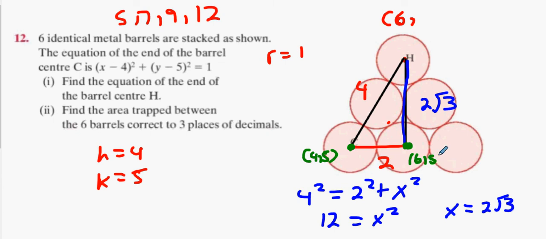And what's 2 root 3 above 5? Anybody tell me? What's 2 root 3 above 5? Just 5 plus 2 root 3. Is that the answer in the back of the book? What is the answer in the back of the book? Is it in decimal?